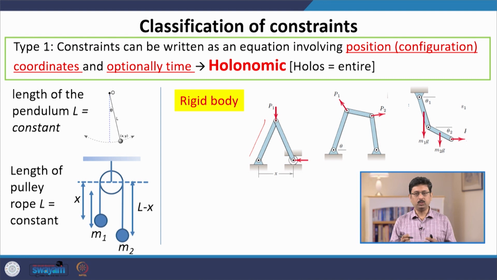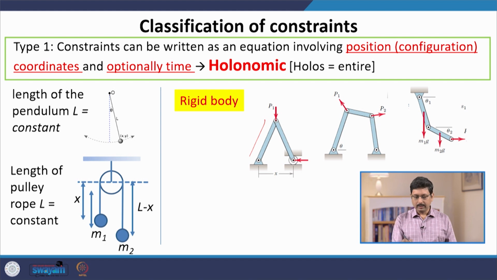In practice, truly speaking, there is no perfectly rigid body in real life, but there are examples which are very rigid to a very good approximation. You have to exert a lot of force to change the length of the rigid body. So, for simplicity we are going to assume that the length always remains constant.